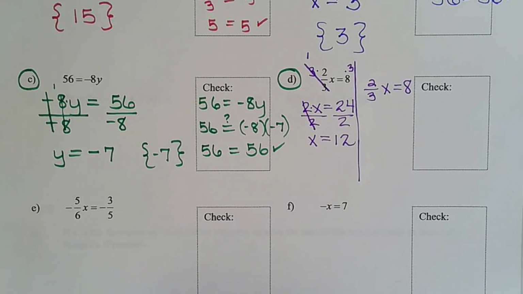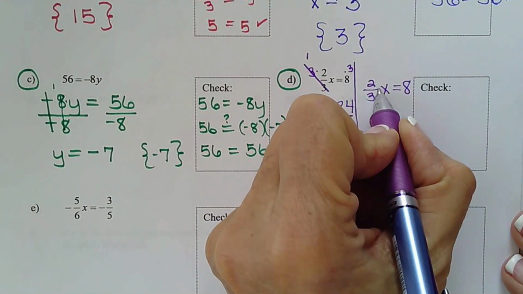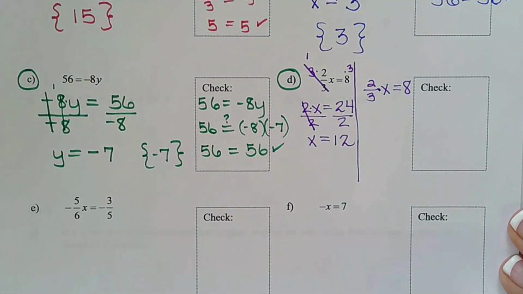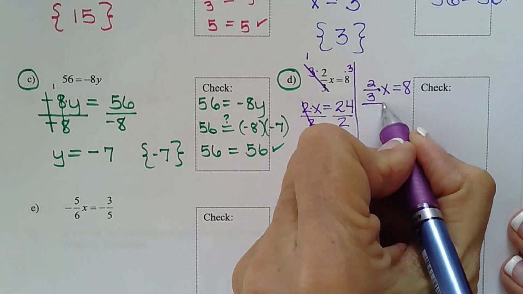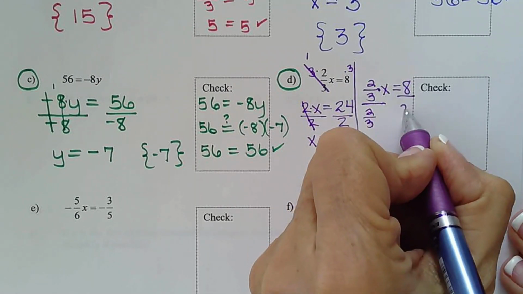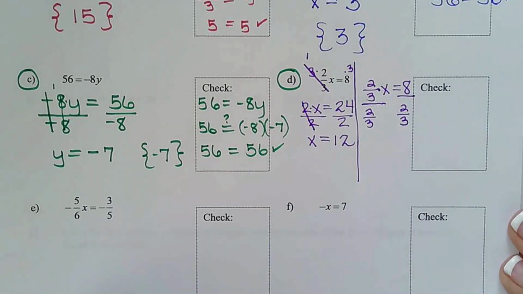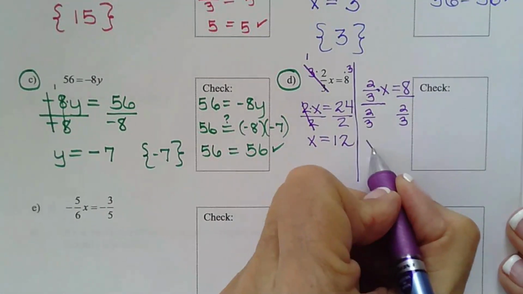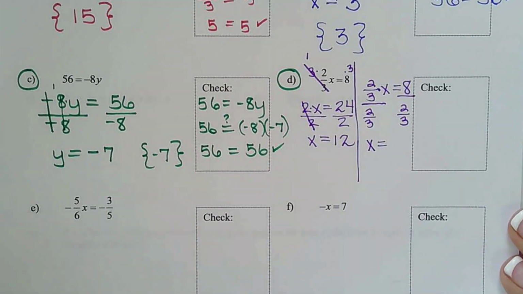Which usually about 3 tests have no calculator or just partial use of a calculator. So I like to make sure I know how to do both ways. So the calculator way is this is times. So the opposite of 2/3 times x is divide by 2/3. And then in one step, I can type it right into the calculator.